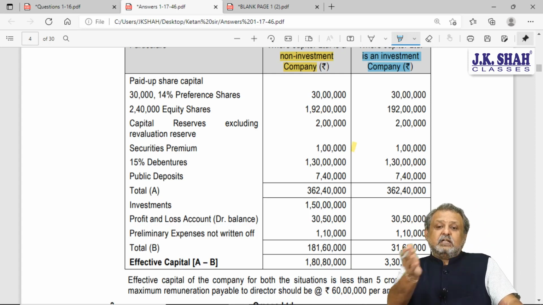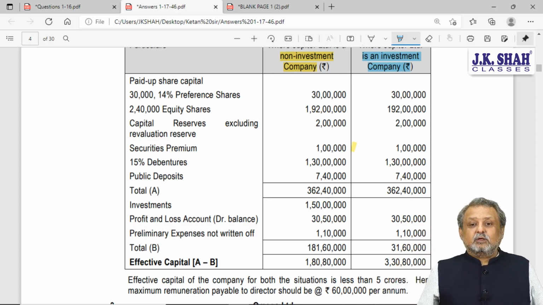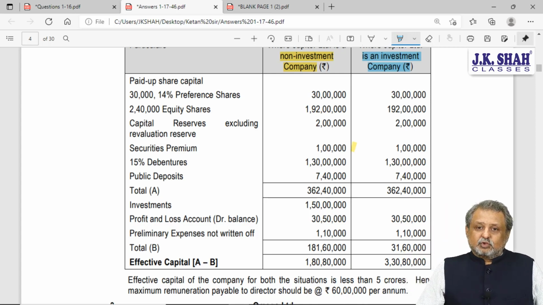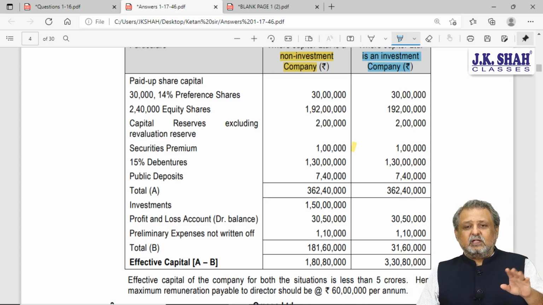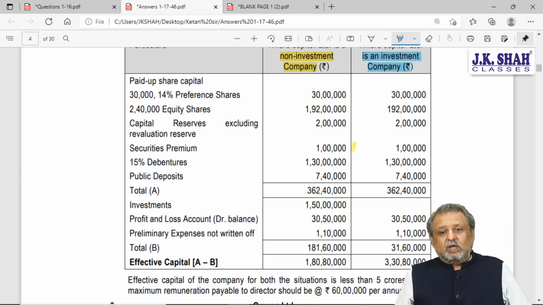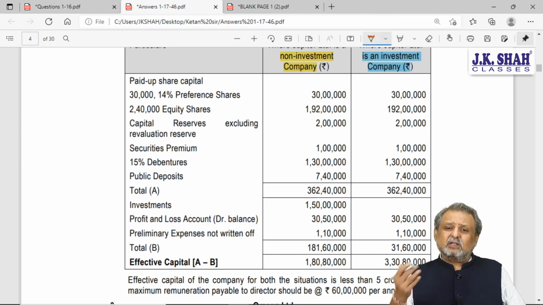But suppose I change the name of the company, suppose I use the name of the company as Tata Capital, think about it. Tata Capital, their business is to do investment. So for them there is no manufacturing, there is no selling, no, their business is to do investment. So investment made by Tata Finance or Tata Capital, which is an investment company, is a regular current asset for them.